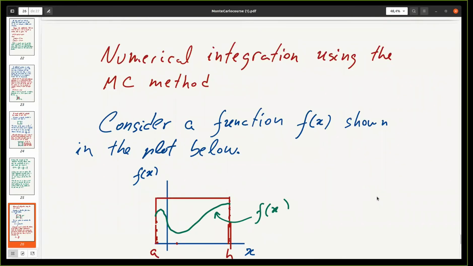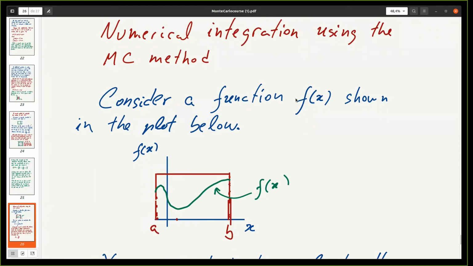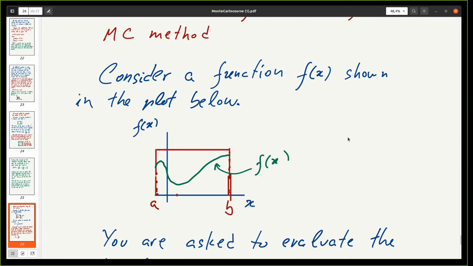So let's see now another application that's not much different from the previous. That is numerical integration, using Monte Carlo for numerical integration. In fact, you can see any use of Monte Carlo as an integration in a sophisticated space, but it is usually an integration.